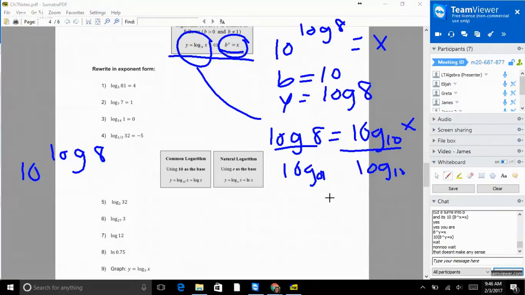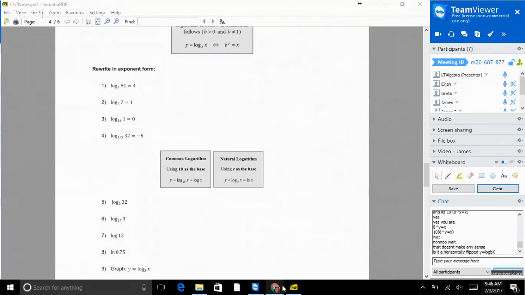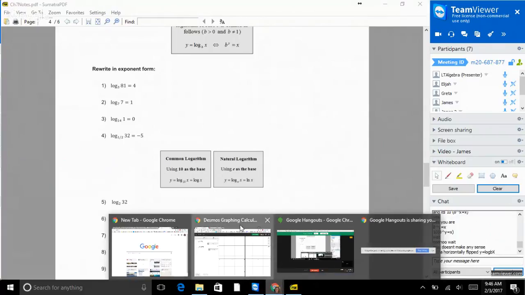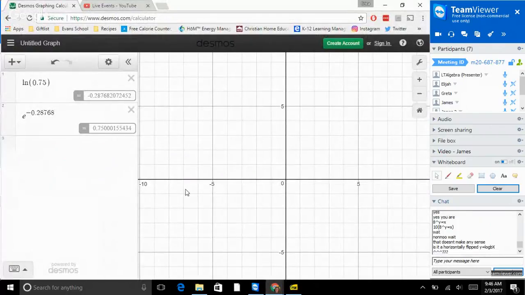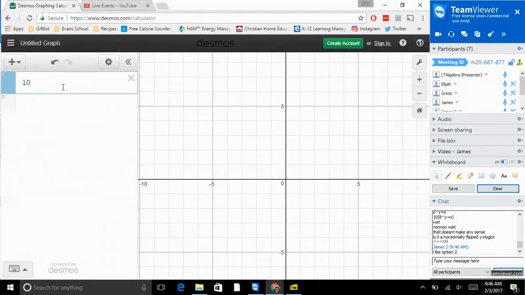All right, so maybe I shouldn't have even gone there. The other option is that you could just say, all right, I want to know what 10 to the log of 8th power is. And we just get 8.